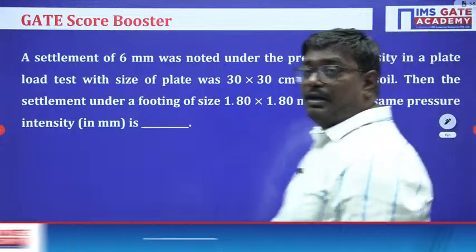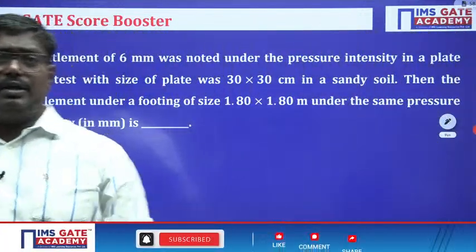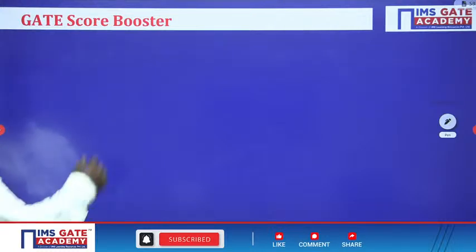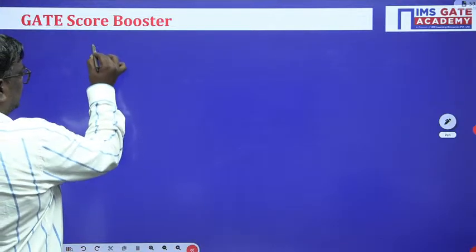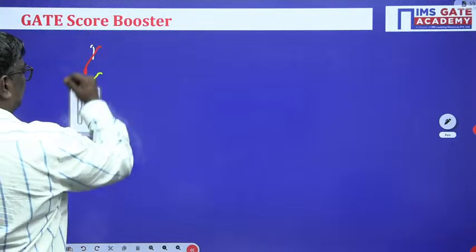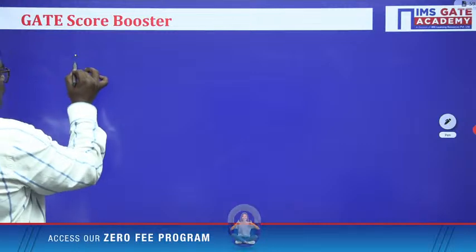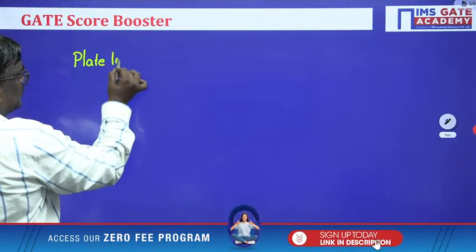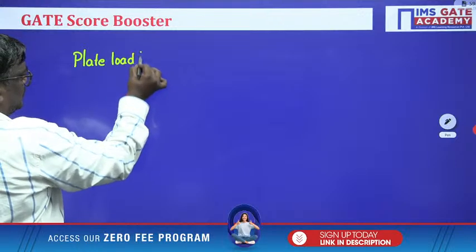Now I have given you enough time, students. So here what you have to do, sir, you have to find the settlement. So my dear students, let me give you the insight of this plate load test. Usually a square plate is used for this test.